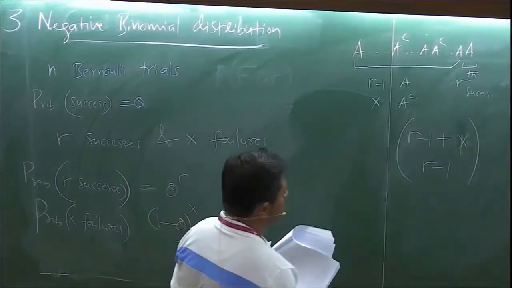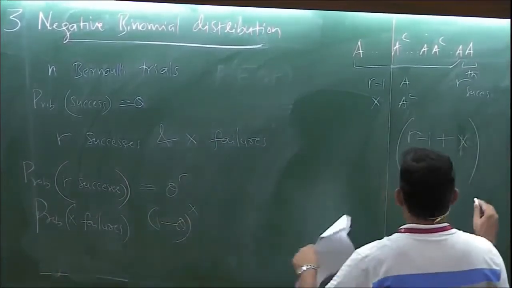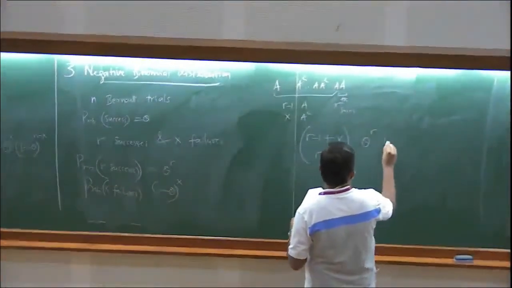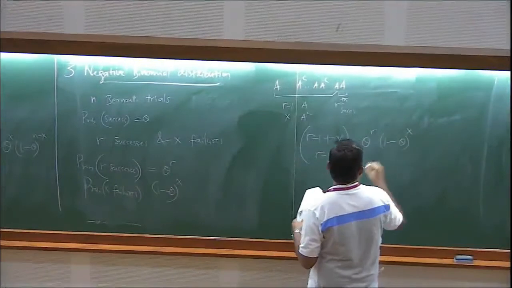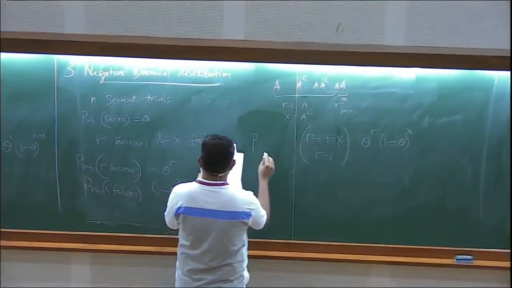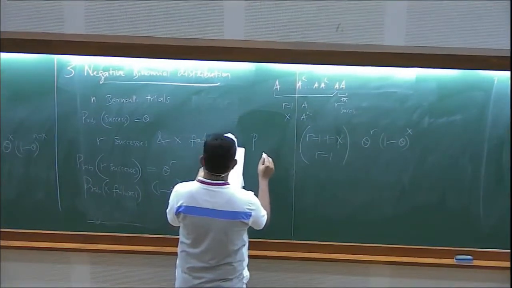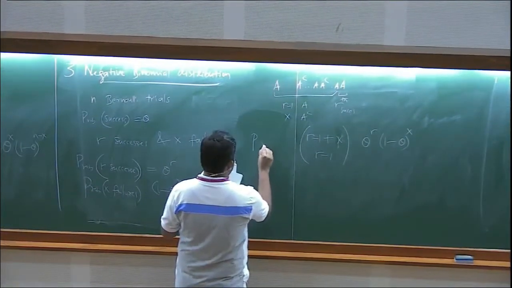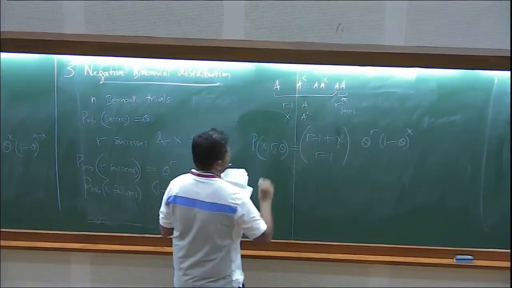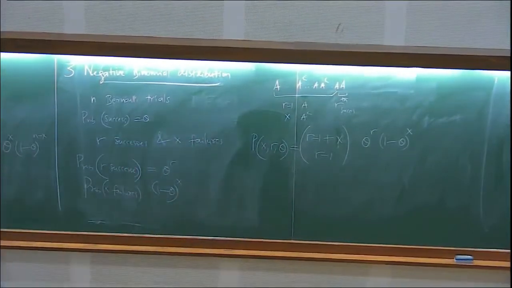And so therefore, if you multiply this by the probability of obtaining R successes and X failures, that gives you the probability of getting a negative binomial distribution with X failures and R successes for a given value of theta.